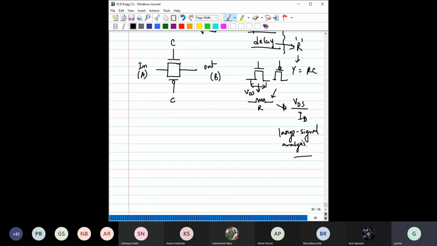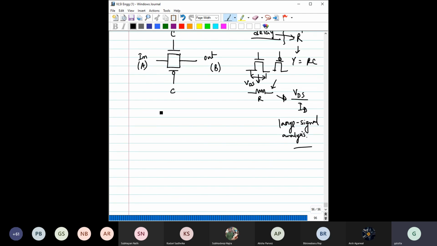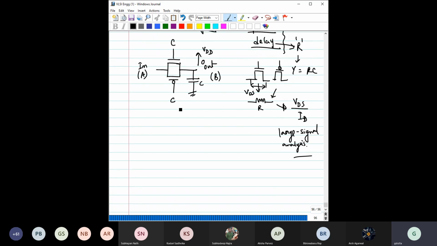So let us see how these resistances would vary for a transmission gate if the output is a capacitor and the output voltage has to change from 0 to VDD. Here one thing, this should be C bar, right?